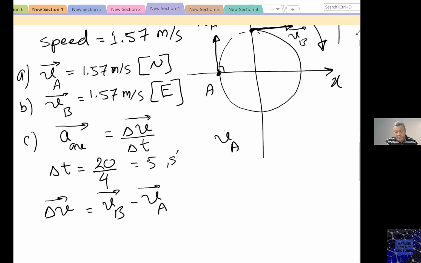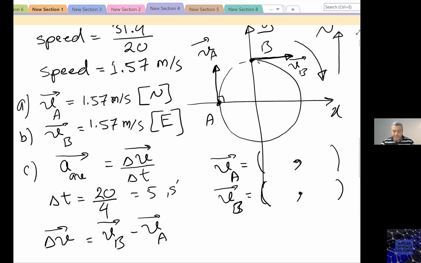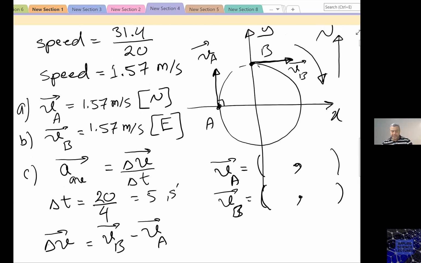So VA is what? And VB is what? Can you help? I think VA is going to be the radius of the circle, but a negative value for X. Well, this is not necessarily so.